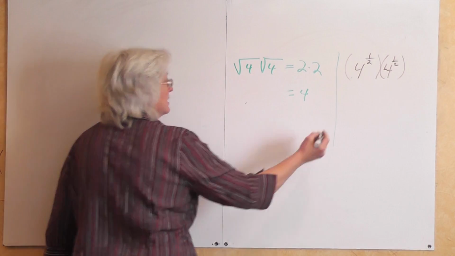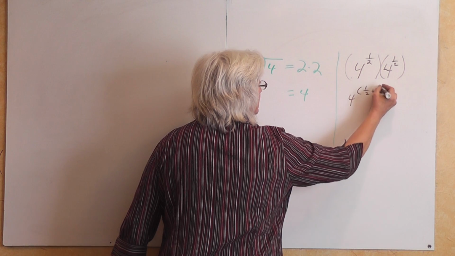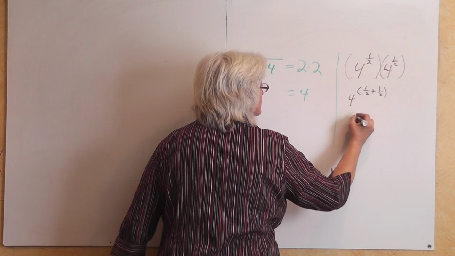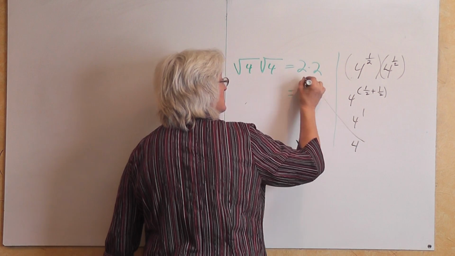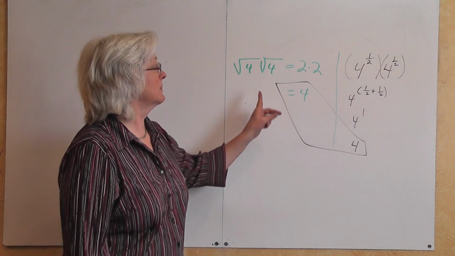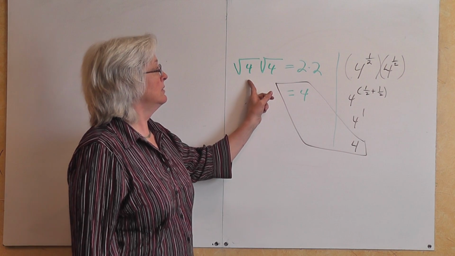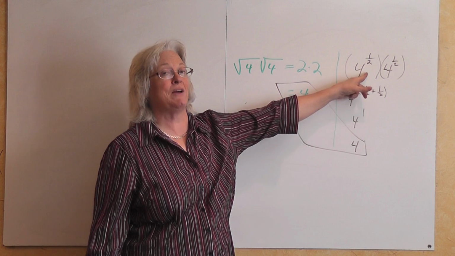It says keep the base and add the exponents together. So you have 4 to the 1st. 4 to the 1st, of course, is 4. Square root, 1/2 exponent.